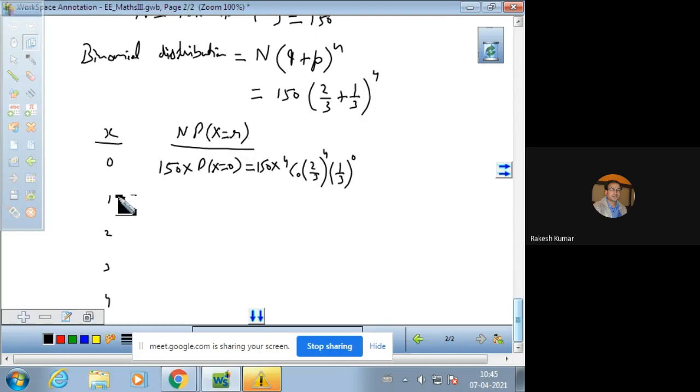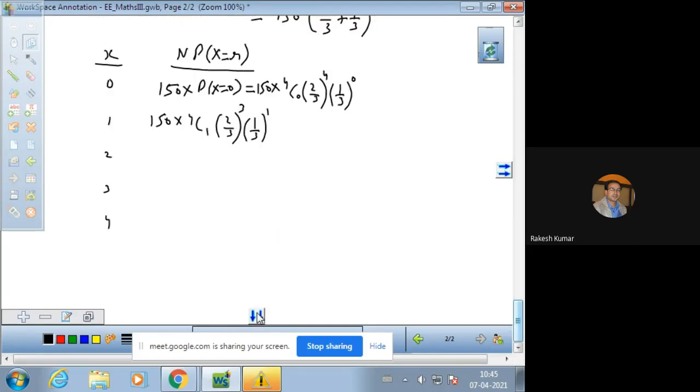Similarly, when x takes the value 1, so 150 into 4C1, 2 by 3 raised to power 3, 1 by 3 raised to power 1. And when x takes the value 2, that will be 150 into 4C2, 2 by 3 raised to power 2 and 1 by 3 raised to power 2.